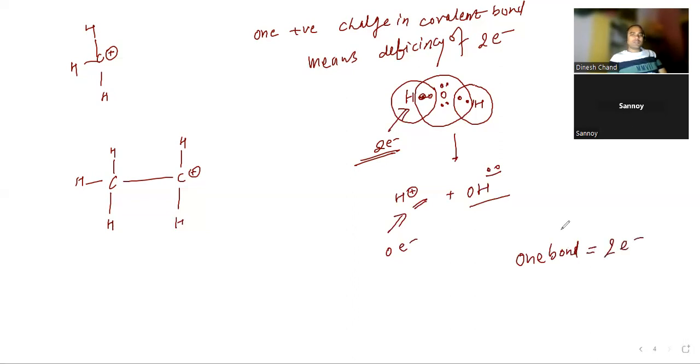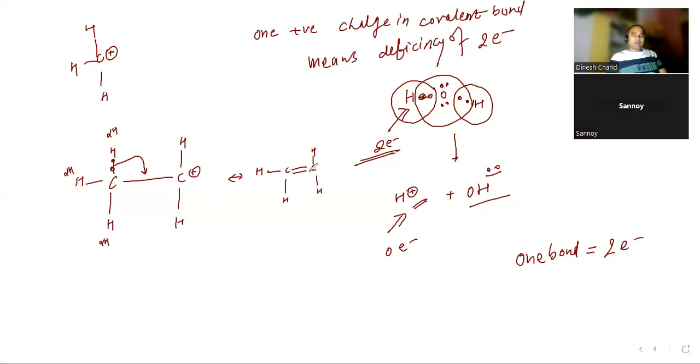Here, if you see this one, this is the alpha hydrogen. This is also alpha hydrogen, this is also alpha hydrogen. So what will happen? This is shifting here. You see H, this will be C, here will be H, and this will be a double bond. Now will there be the positive charge?